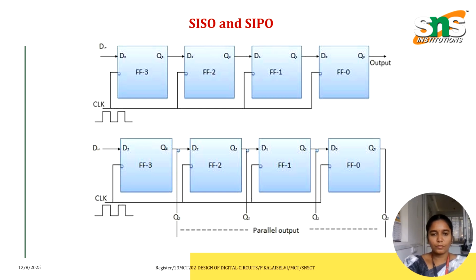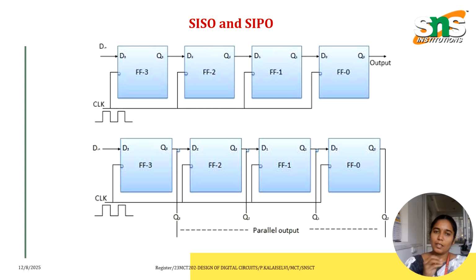Next one is serial in, parallel out. In this type of operation, the data is entered serially and taken out in parallel fashion. Data is loaded bit by bit. The outputs are disabled as long as the data is loading.